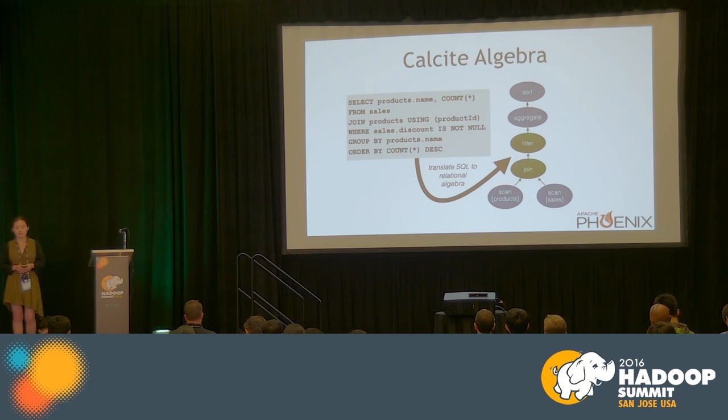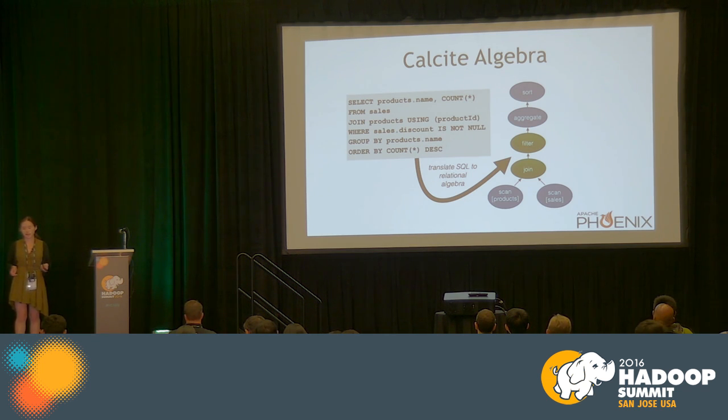So what does the Calcite algebra look like? The query here is: select products.name, count(*) from sales join products using product ID, where sales.discount is not null, group by products.name, order by count(*) descending.